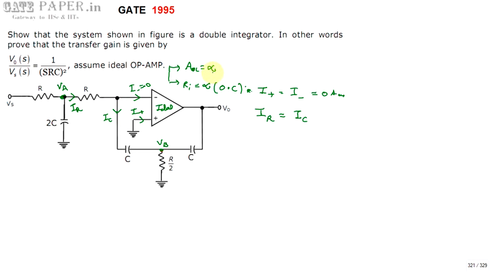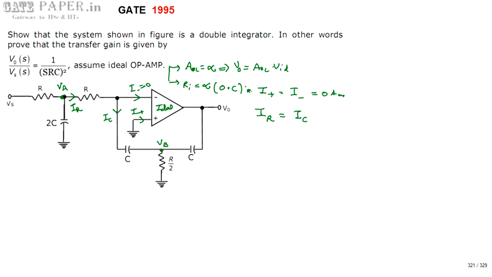This is because of the voltage gain characteristic of the ideal op amp. What you have seen is AOL is equal to infinite, and we know the output voltage of the op amp is defined as AOL times VID, that is, the open loop voltage gain times the input difference voltage.